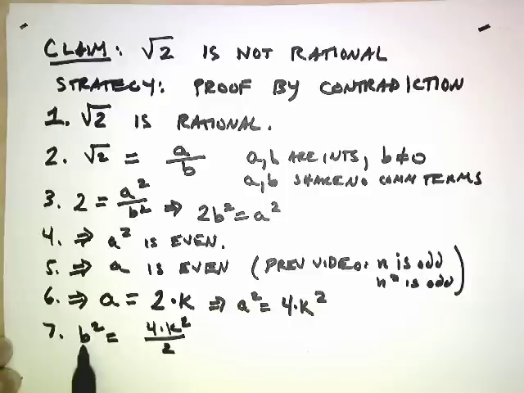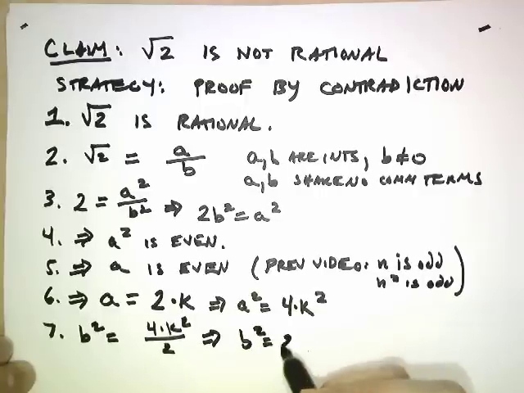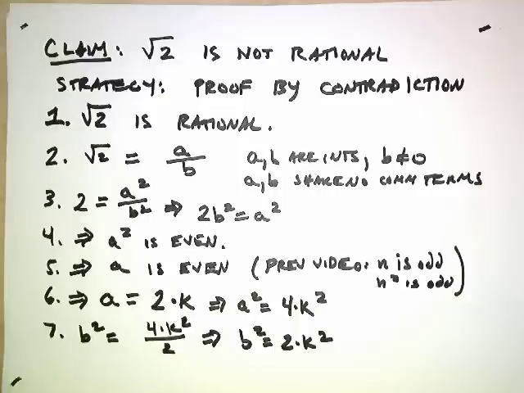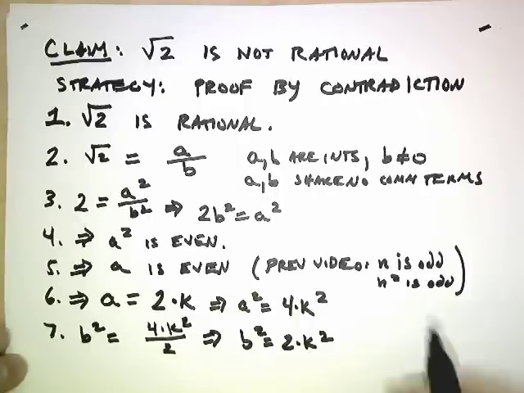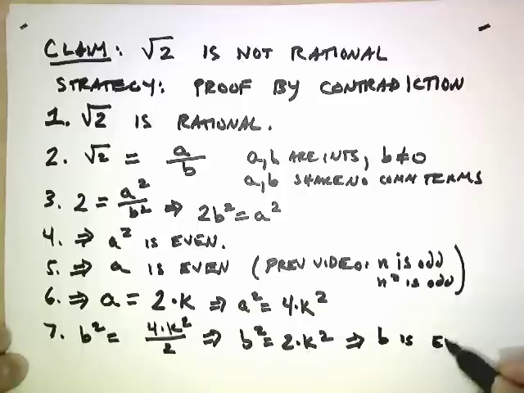So therefore, b squared is 4k squared over 2. And this implies that b squared equals 2 times k squared. And this implies that b is even. Right? Because b squared is equal to 2 times something, so b squared is even. And again, by the same steps above, that means that b is even.